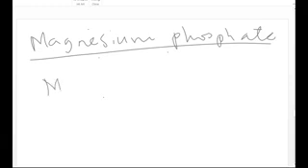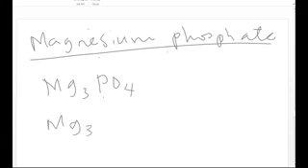Mg3, PO4. Is that right? Any contrary answer? Okay, go ahead. Mg3, bracket PO4, close bracket, 2.